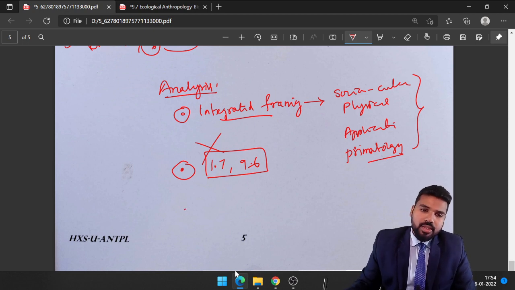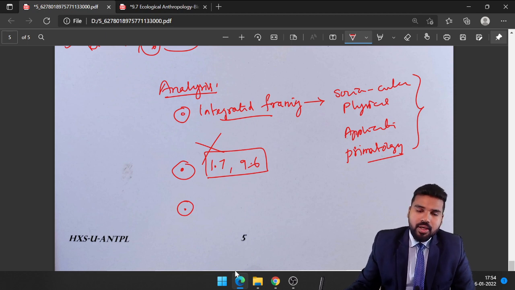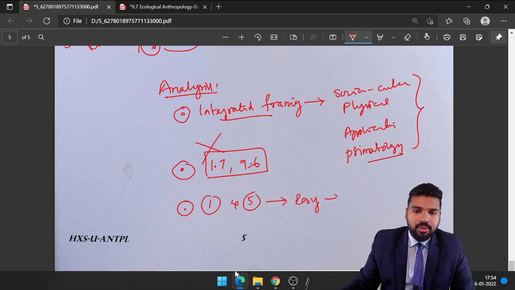Then the third thing is, the structure remains the same, but the compulsory questions, question number 1 and question number 5, are relatively easy compared with the previous year. So I'm going to rate this paper on the difficulty range as a moderate paper.